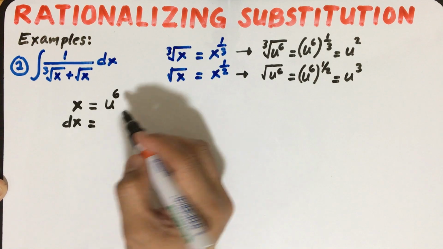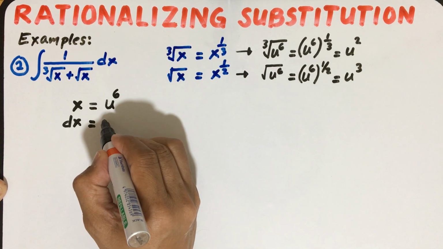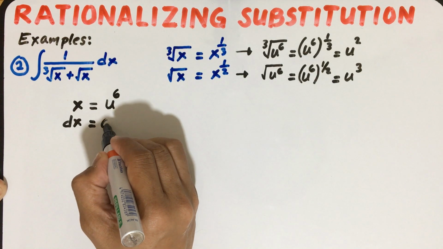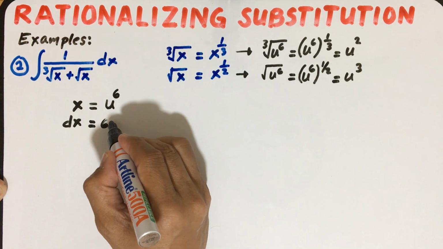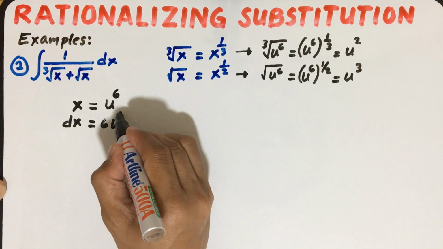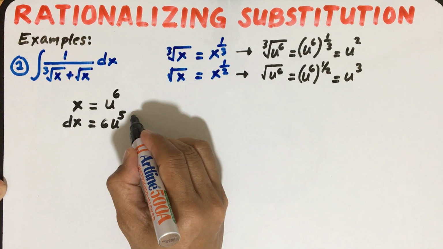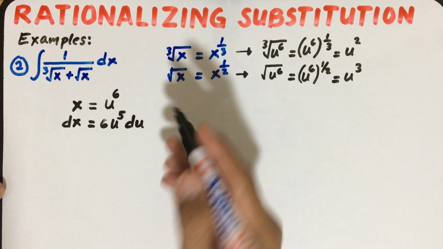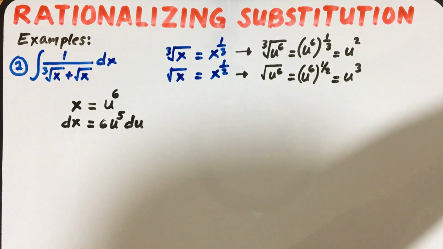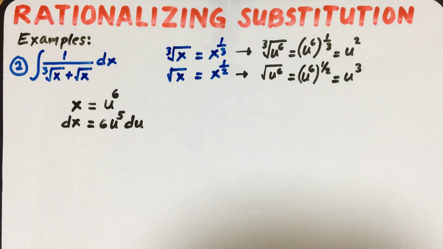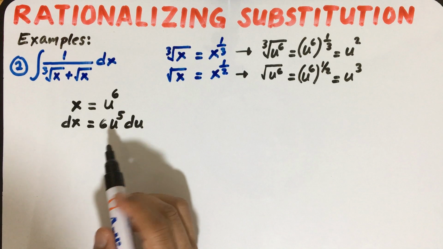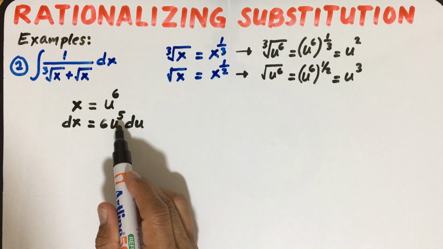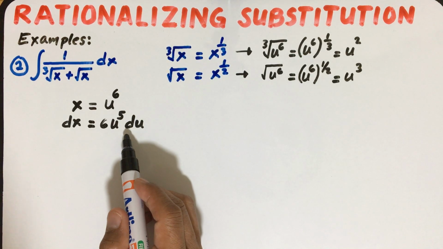Using the power rule, we have 6 u to the 5th times du. So that is our dx: 6 times u to the 5th times du.